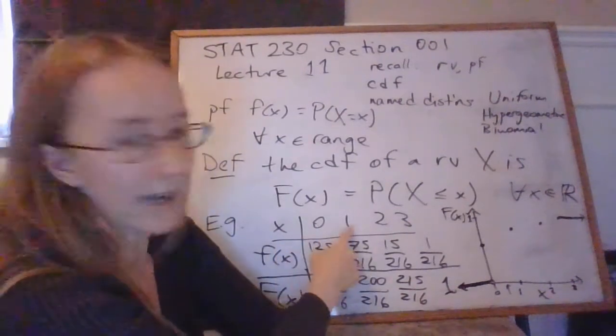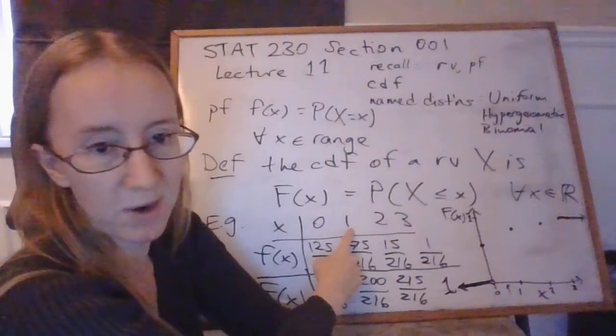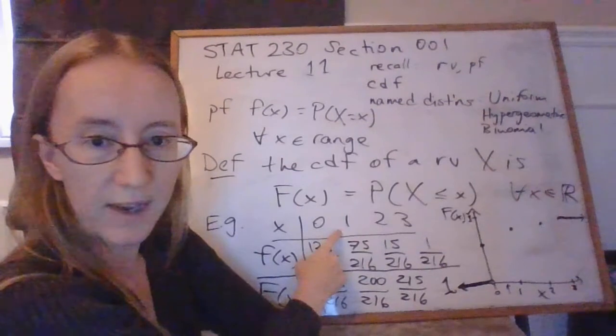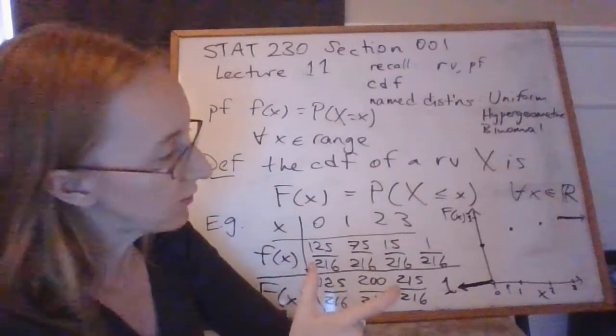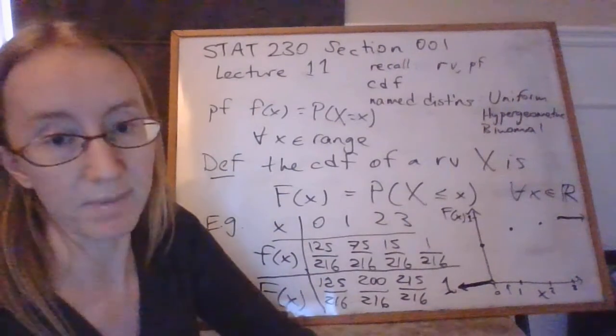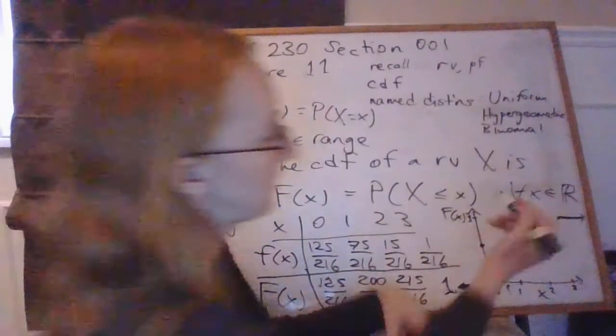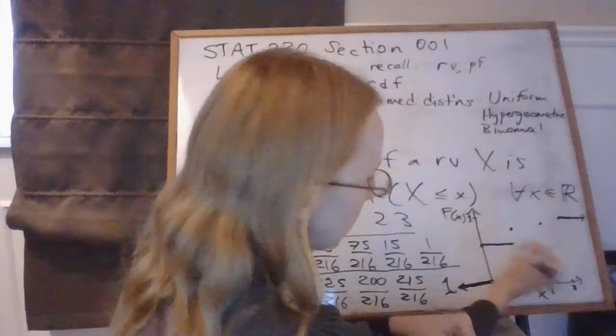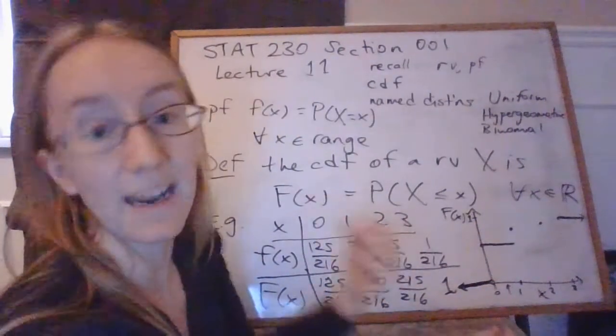It can't be 1 yet because 1 is not less than or equal to 0.5. And that's true actually for any number in between 0 and 1. For any number between 0 and 1, the probability of being less than or equal to it is just the probability of being 0. So really what happens once we get to this point here, it goes flat for a while until we get to 1, and then again we have a discontinuity.